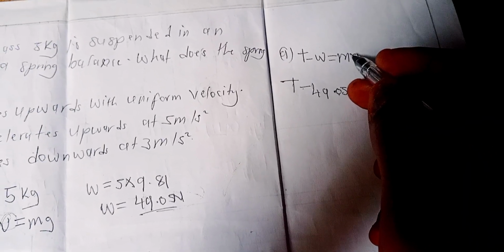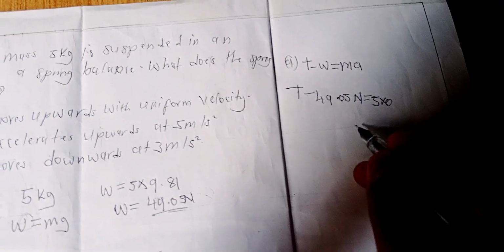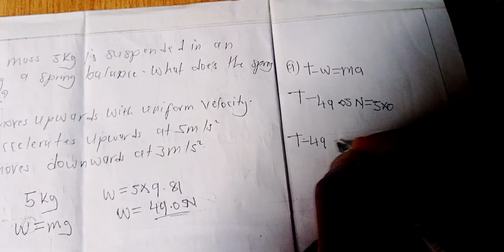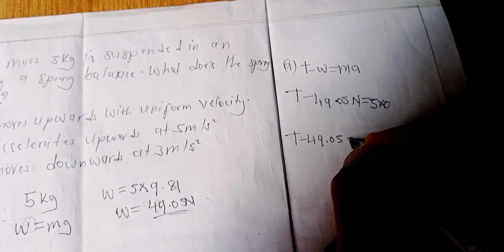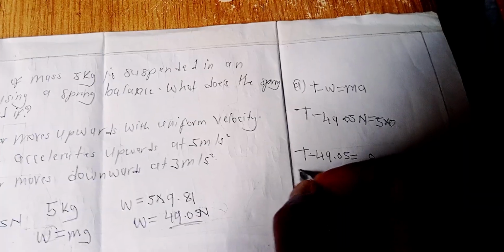We said when in uniform velocity, acceleration is equal to 0. So tension minus 49.05 is equal to 0.